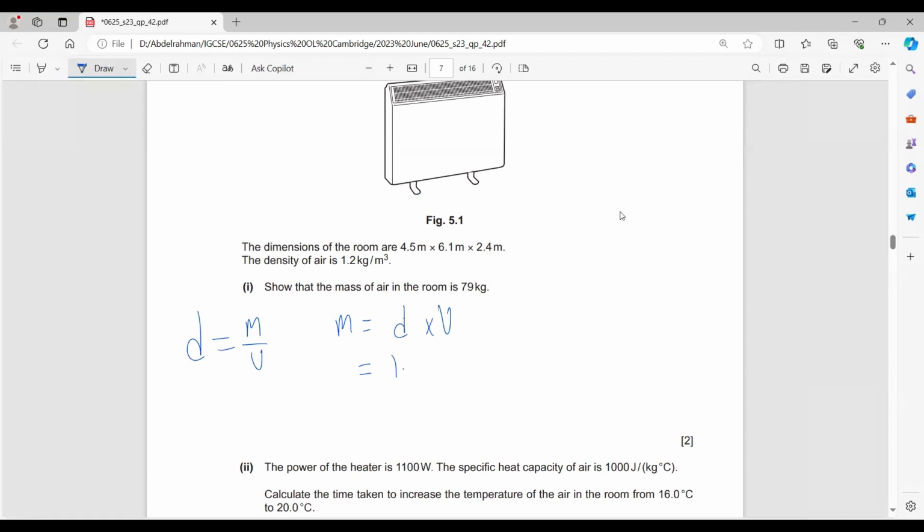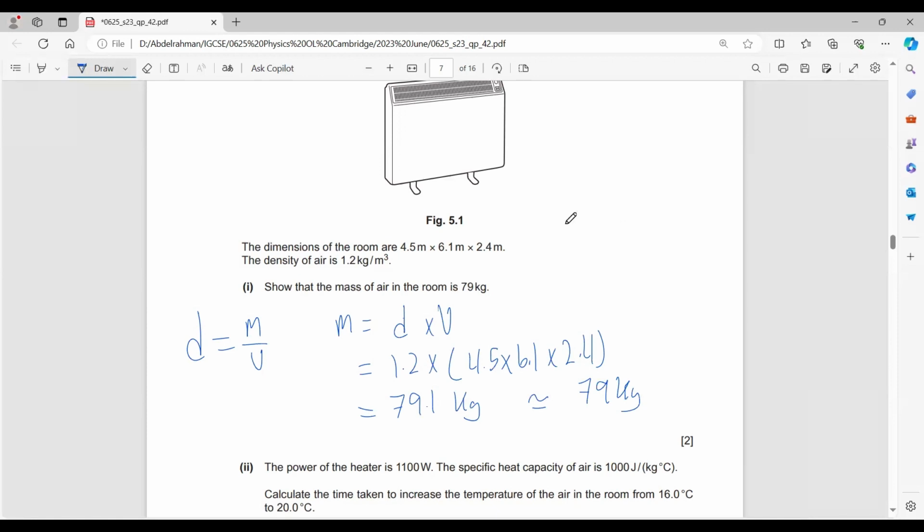The density is 1.2 times the volume. We already have the dimensions, 4.5 times 6.1 times 2.4, which is 79.1 kilograms, which is definitely equal to 79 kilograms.